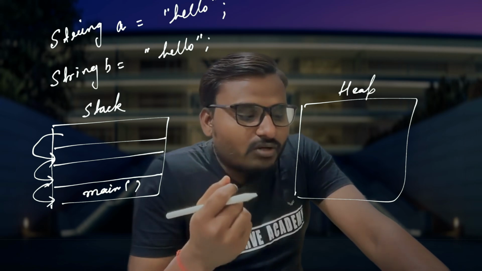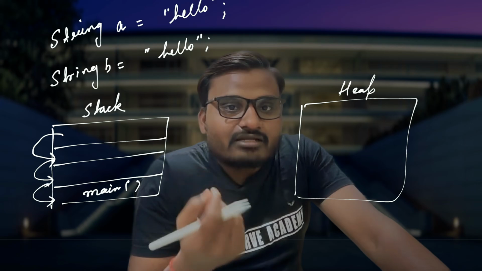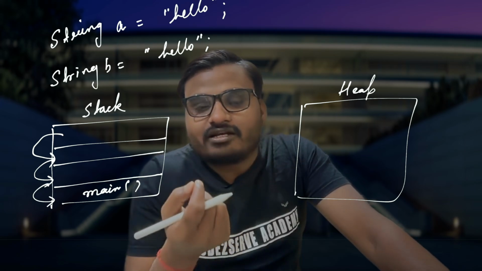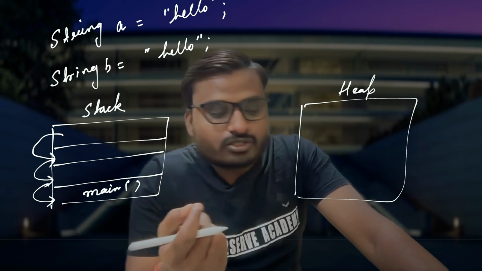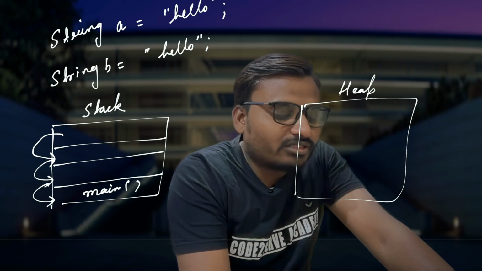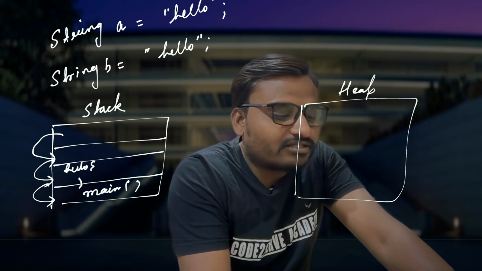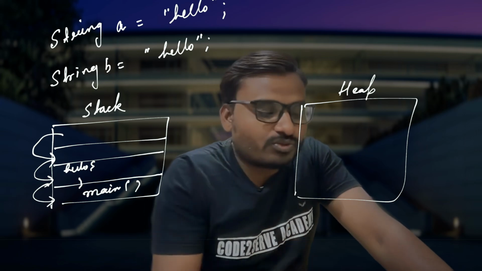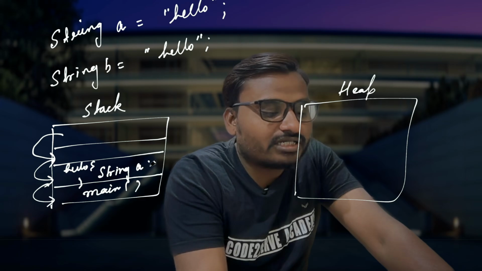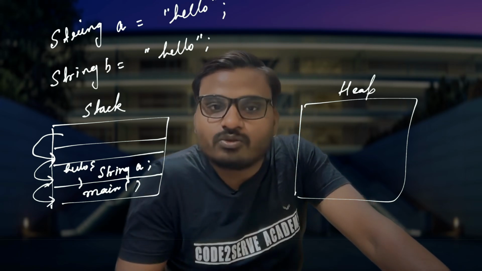Right? Now, suppose wherever you find any method and that method uses a string, where is that getting created or stored? So suppose I'm declaring inside one method, say hello is the method, and inside this I'm declaring one string a. Inside this method string a is declared, and suppose its value is hello.